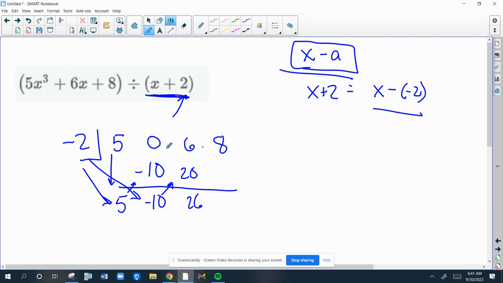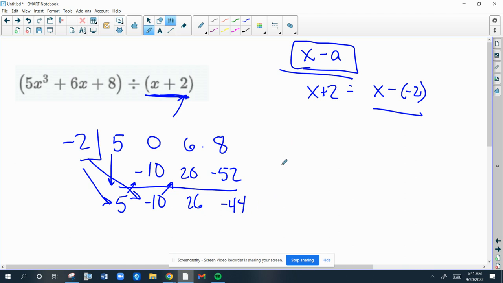And just keep doing that. So negative 2 times negative 26 is negative 52. Add, that's a negative 44.